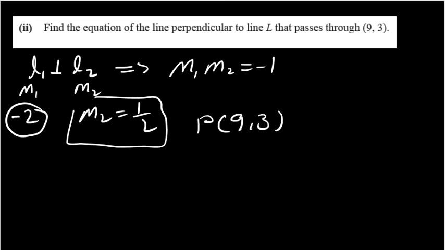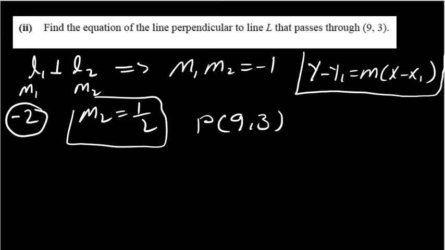We are asked to find the equation of the line which is perpendicular to the line L, the previous line, whose slope is negative 2. Therefore, using slope and point, how to find the equation of a line? Here is the formula: y minus y1 is equal to m times x minus x1. This is the formula to find the equation of a line if the point x1, y1 is given to you and the slope is also there.